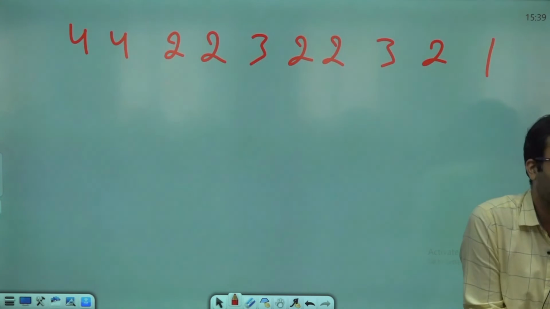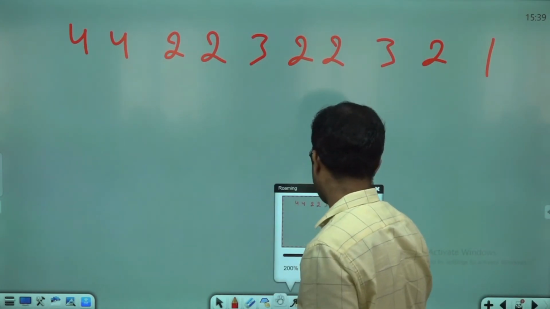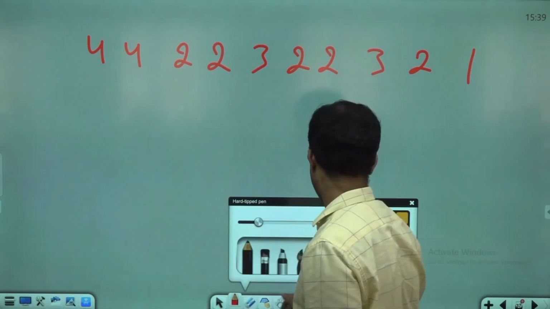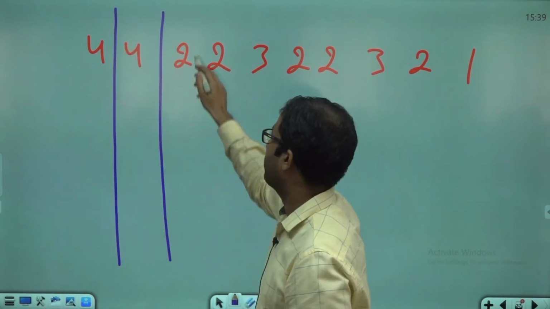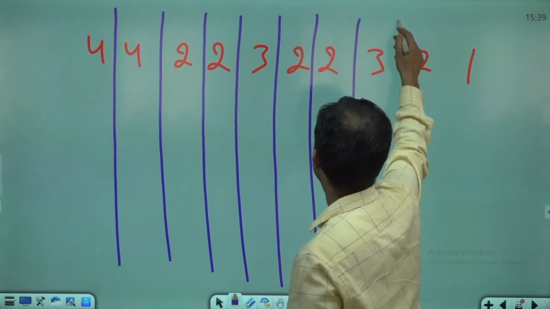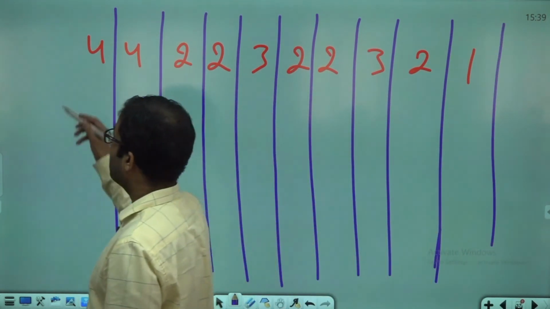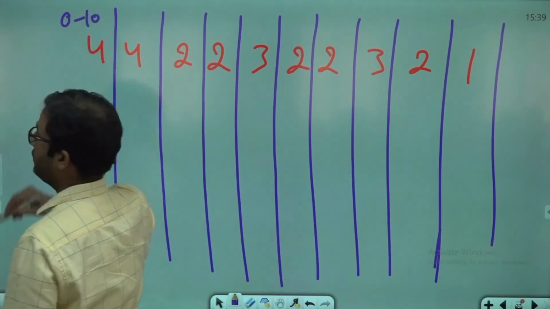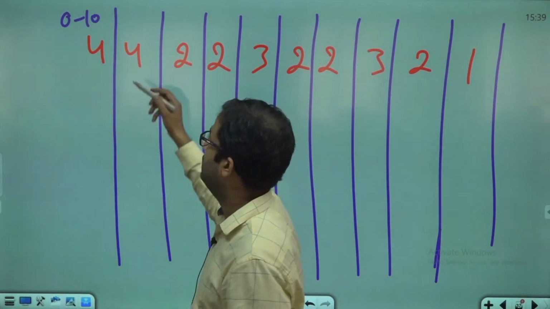44, 22, 322, 321. I tell you how it works. काम कैसे करेगा? It gives a range actually. Between 0 and 10, there are 4 prime numbers.